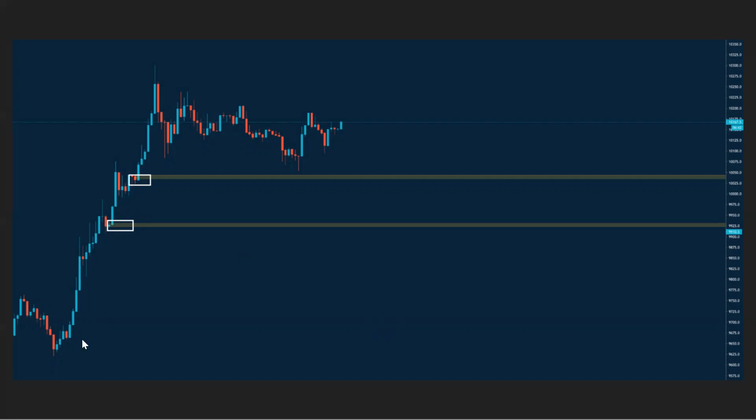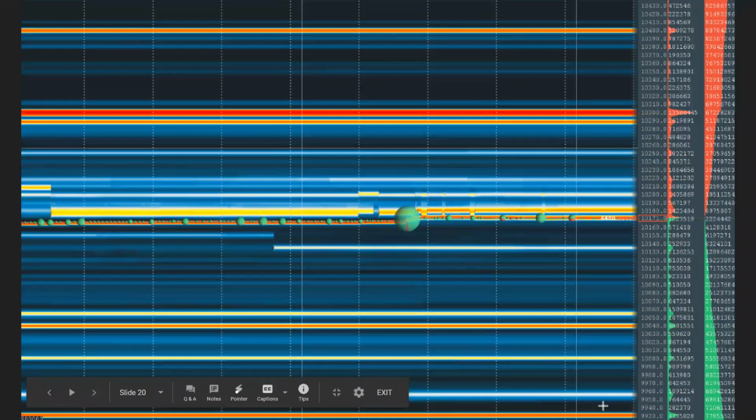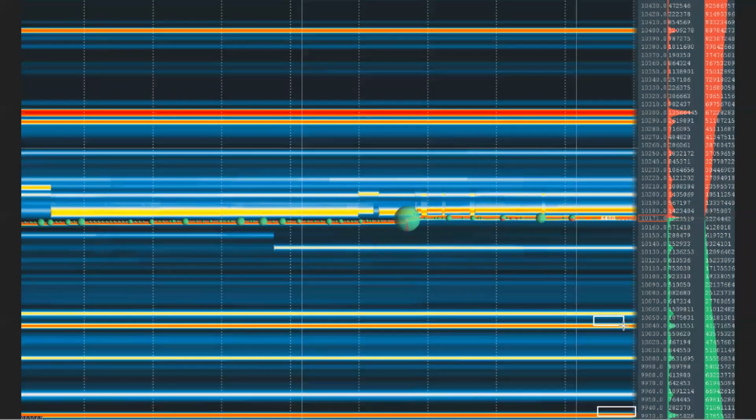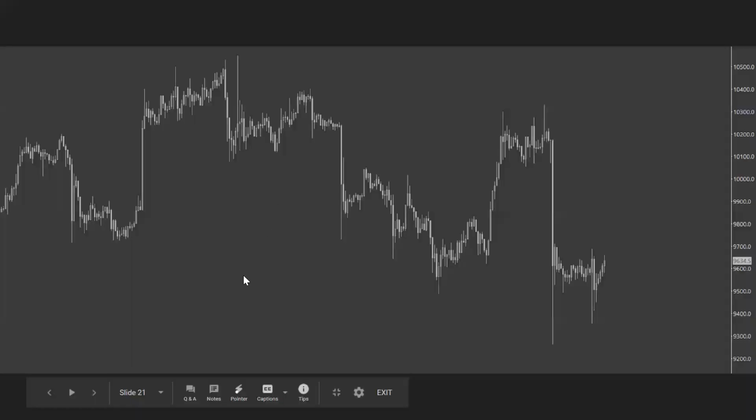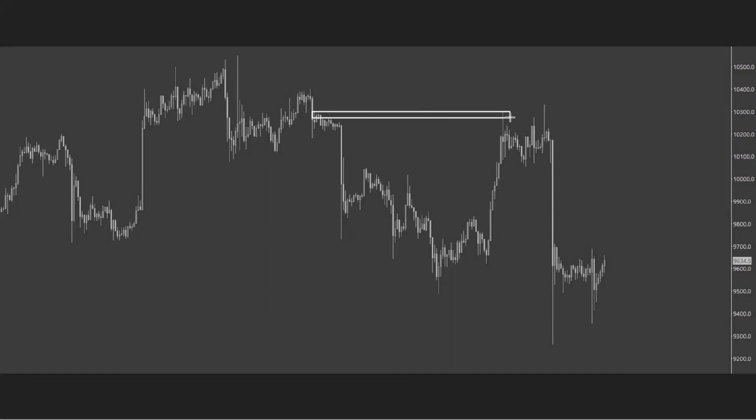And we've got Bookmap here, and you can see down at 993 and at 10.4, these are the areas in which liquidity is pooling. And again, up at 10.3 and 10.4, which, as you'll see, 10.3 and 10.4, the very extreme of this area here, okay, this consolidation from which price broke out of this FTR, and up at 10.4, which is in here. And that's where price topped out.